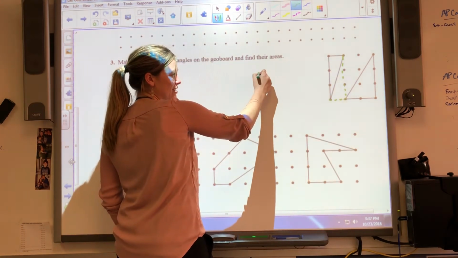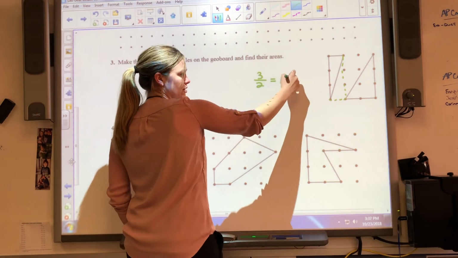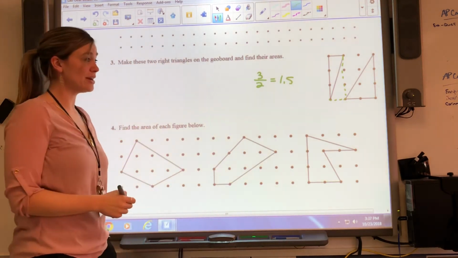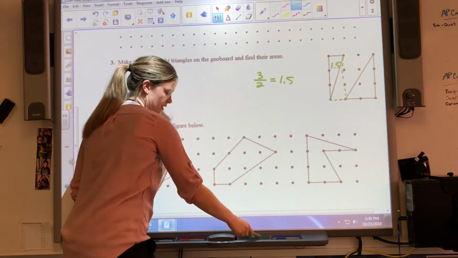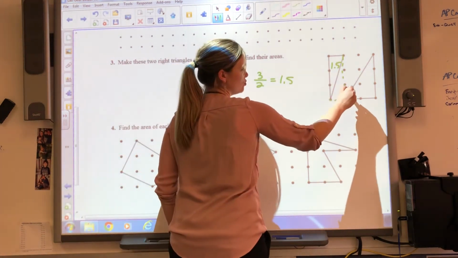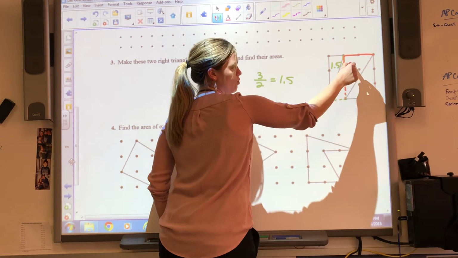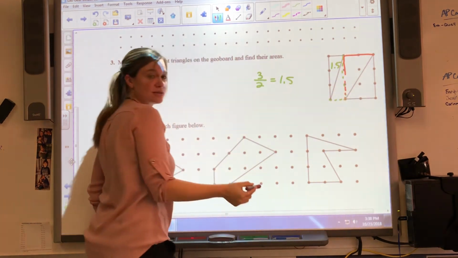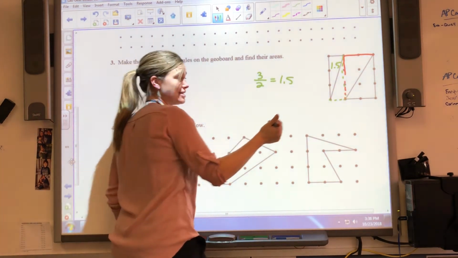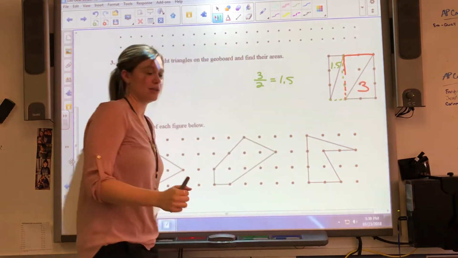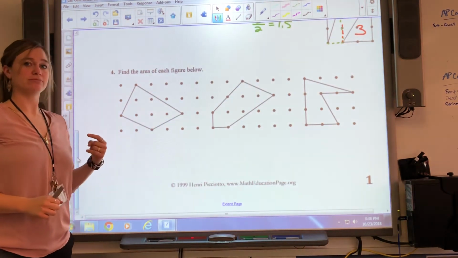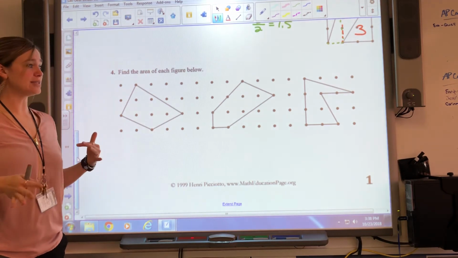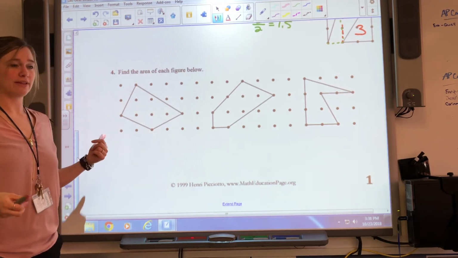So if I take 3 and divide that by 2, I find that that first one has an area of 1.5. The second one, then make a rectangle, 1, 2, 3, 4, 5, 6. If the whole area is 6, half of that triangle will be 3. So what you need to do is go through and find the area of each one of those below. So in a second, you're going to pause this, find the area of each one. Go.